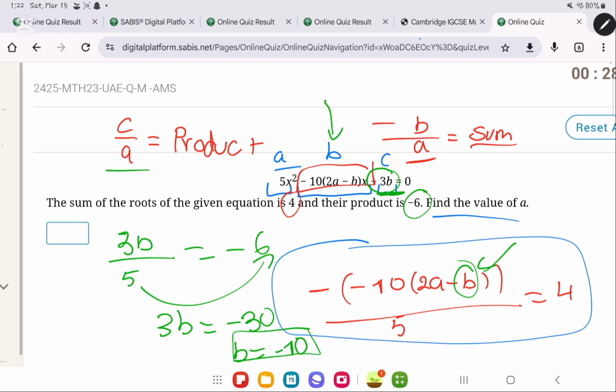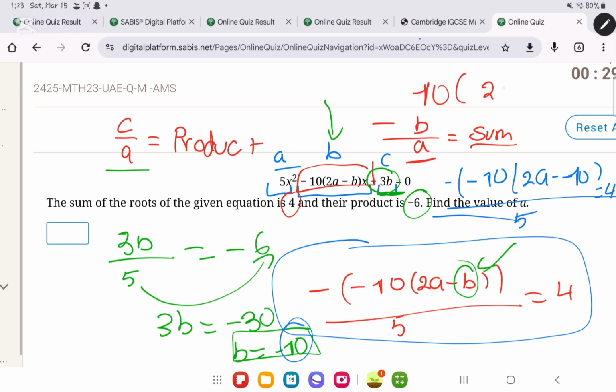To rewrite it, because we found b, it is going to become minus 10 times 2a minus b. b is minus 10, so minus 10, over 5, is equal to 4. So if we fix it up a little bit, it is going to become 10 times 2a plus 10 over 5 is equal to 4.